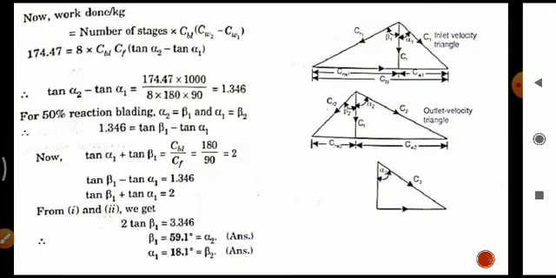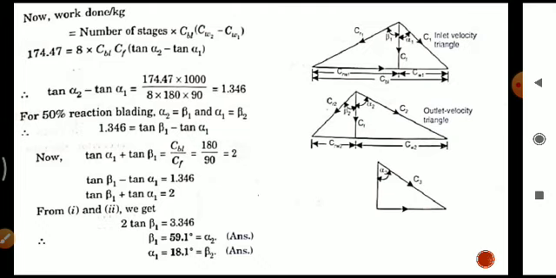Adding these two, the denominator is common, Crw1 plus Cw1, and that is simply the blade velocity Cb. So Cb by Cf is equal to tan beta 1 plus tan alpha 1. With blade velocity 180 and Cf 90, tan alpha 1 plus tan beta 1 is equal to 2.